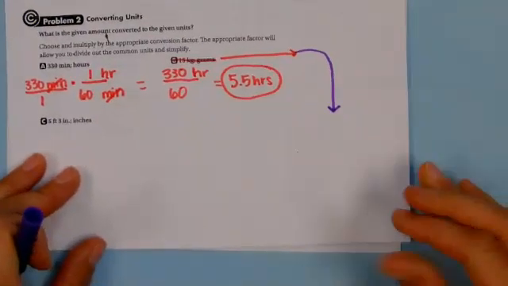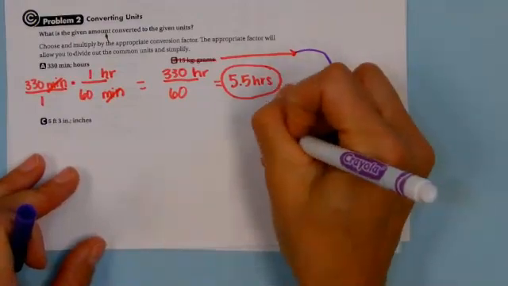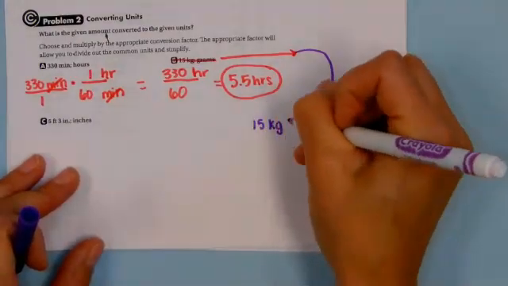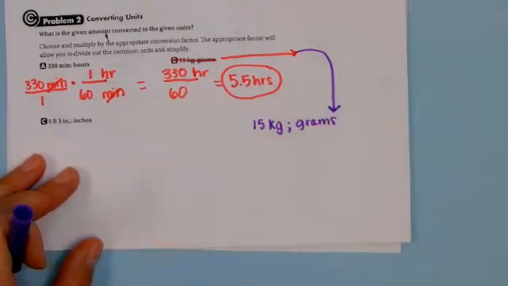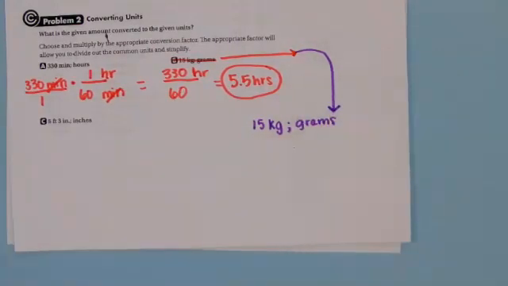So I want to go 15 kilograms, and I want to change it to grams. Okay, so now you might be unsure about this. Does anyone know the conversions of grams to kilograms? And if you don't, it's on the conversion chart.